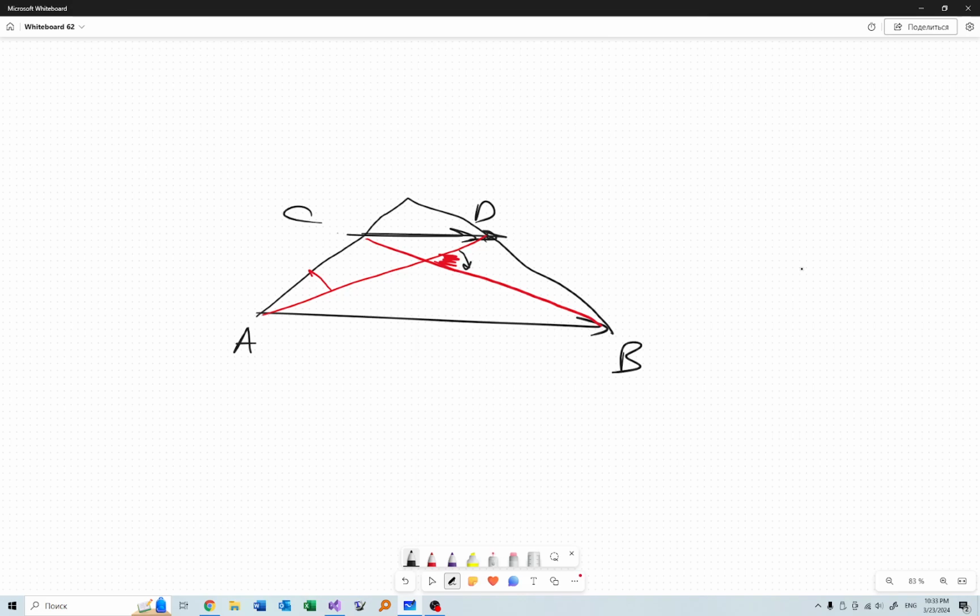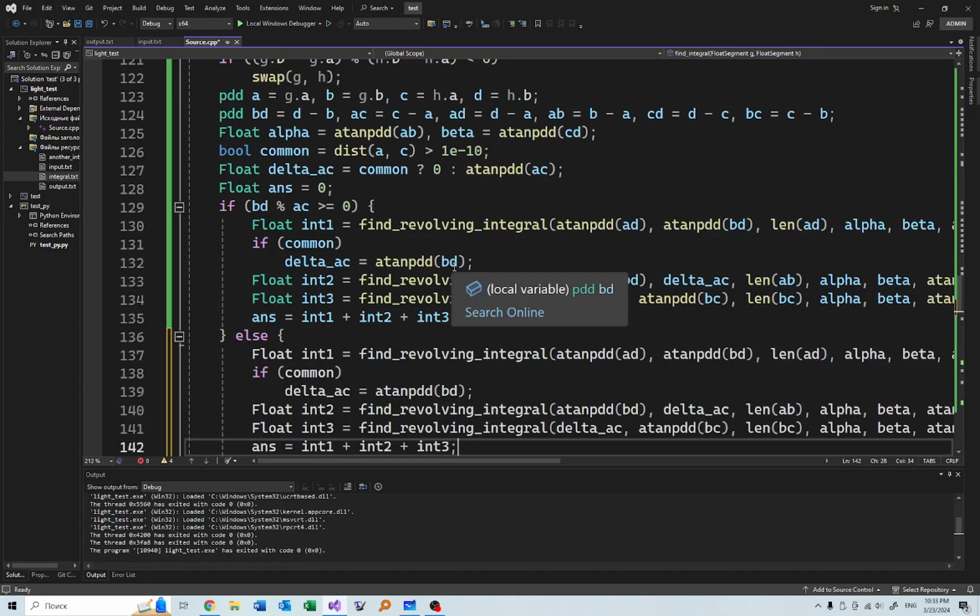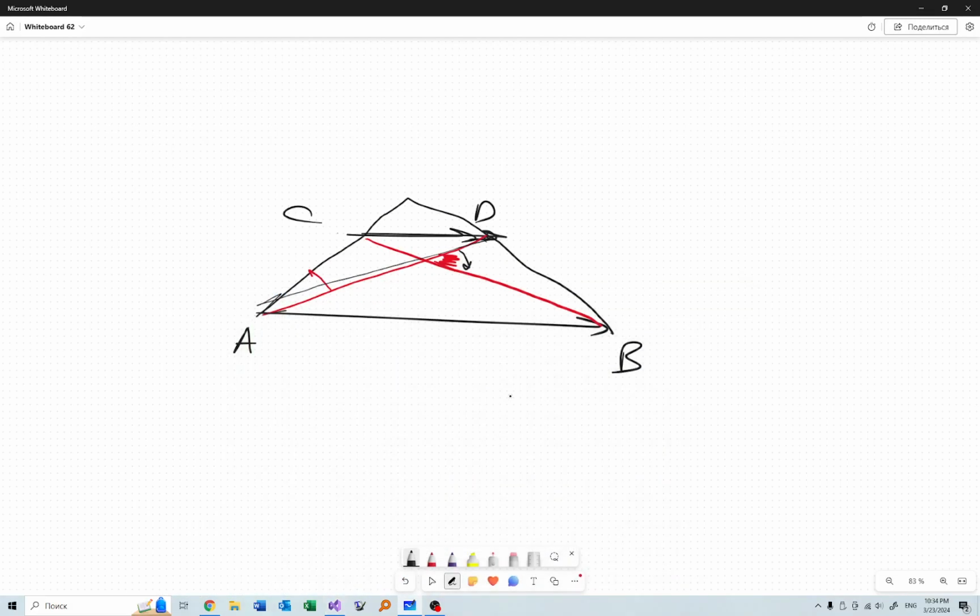Then from CB... Okay, let's draw it like this. From GA to BC it's empty. Then from BC to BD.